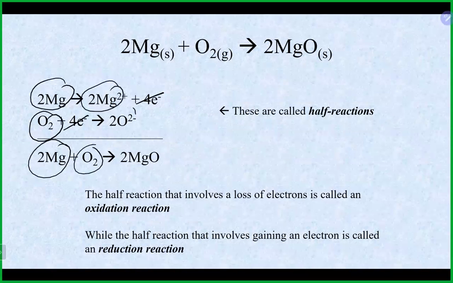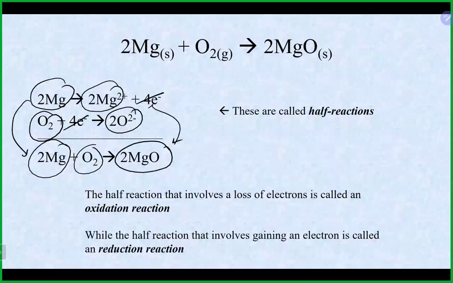Everybody on the right-hand side of the arrow, these two ions will come together to make the ionic compound. There are 4 electrons in this equation because there are 2 magnesiums, and each magnesium will lose 2 electrons. So a grand total of 4 electrons getting lost, 2 from each magnesium.